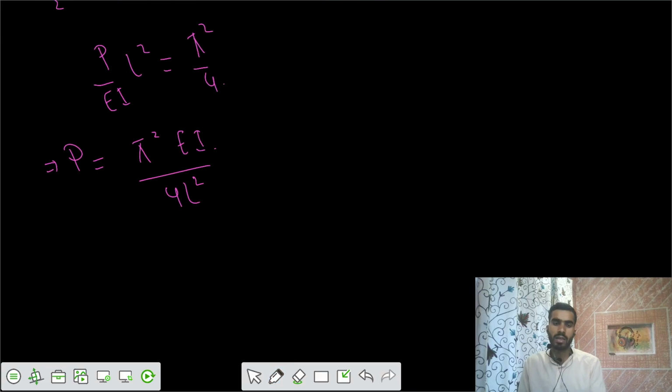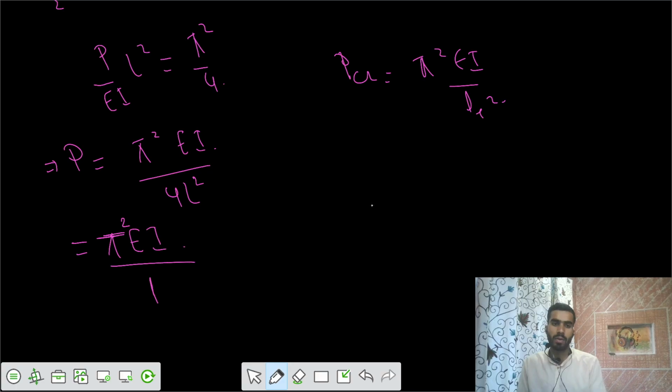If I write it in terms of the critical load, PCR equals pi square EI by L effective square, I have to keep that 4 with the term L, so pi square EI by L effective square is also equal to pi square EI by 2L whole square.